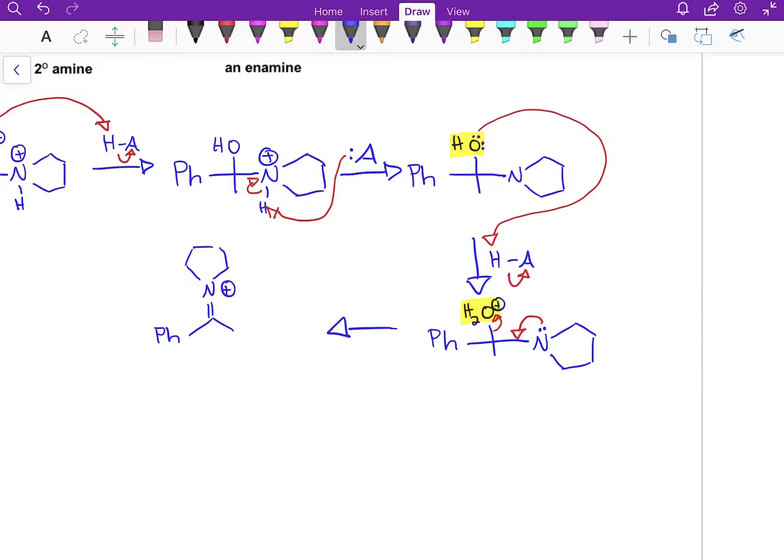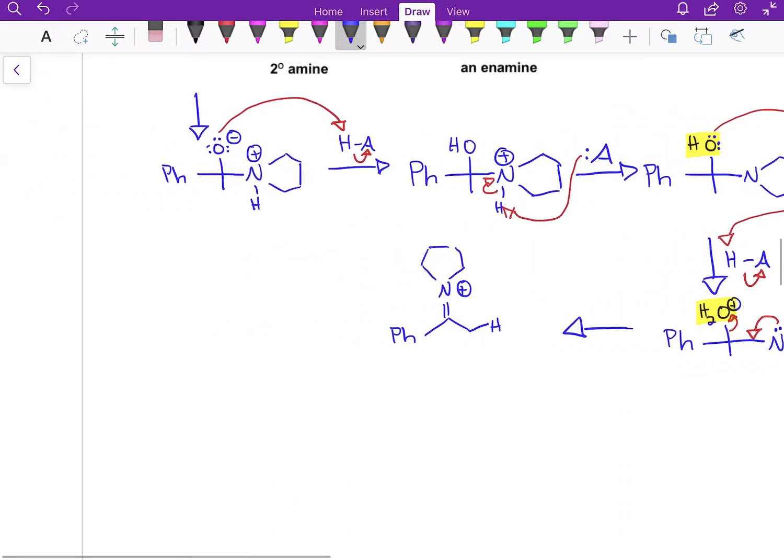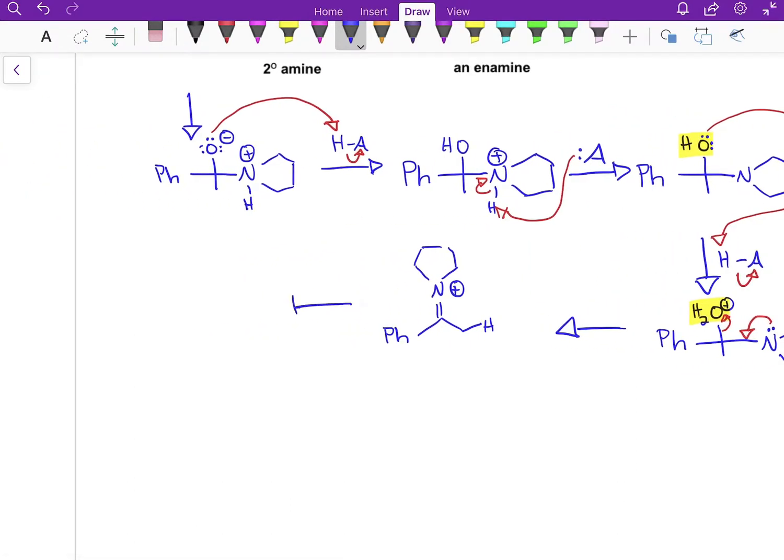But now this is going to be positively charged. So you need to get the hydrogen from somewhere. So we're going to draw that in right here. And you want to neutralize that nitrogen. So you need a base. So that's going to do this.